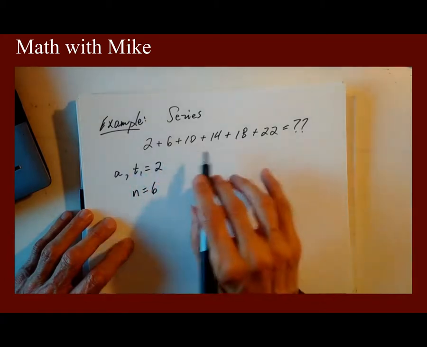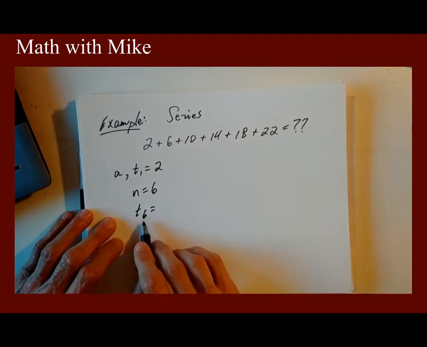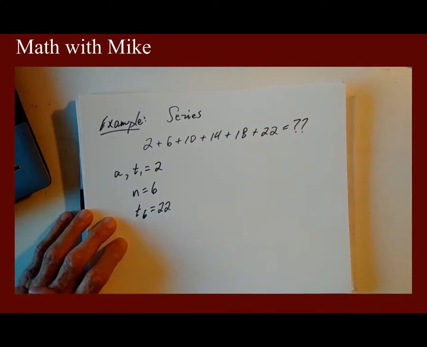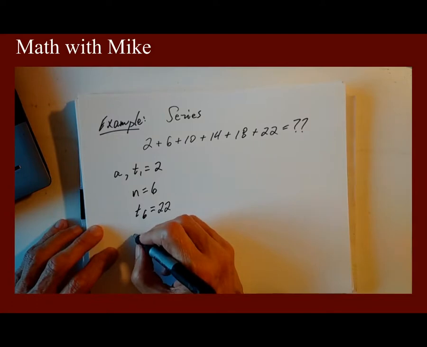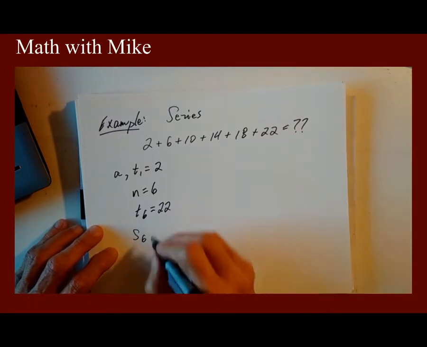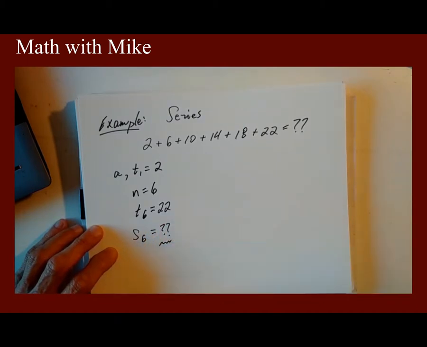And I also can see the last term, which is what this situation is. The 6th term has a value of 22. And the goal is to figure out what they all add up to. And so that's this symbol here. S, we're looking at the first 6 terms added up. And of course, we don't yet know what it is.